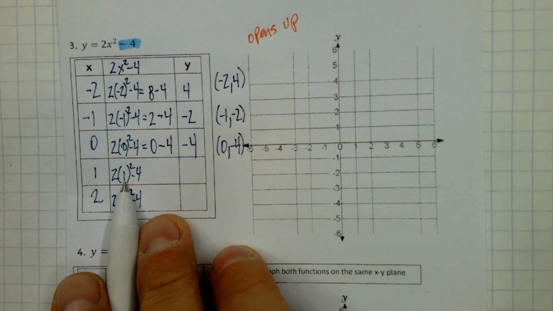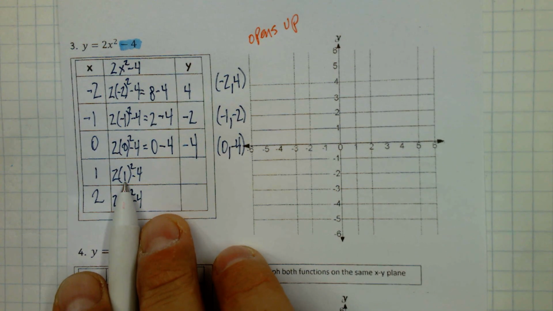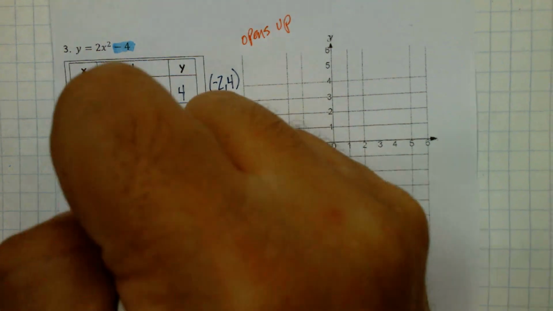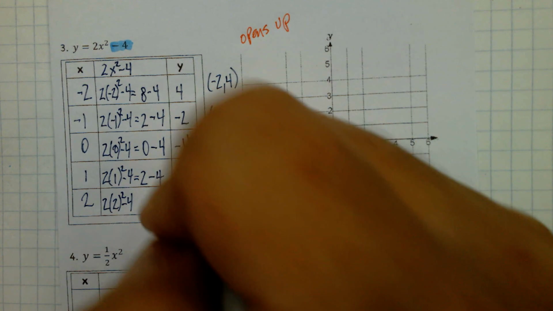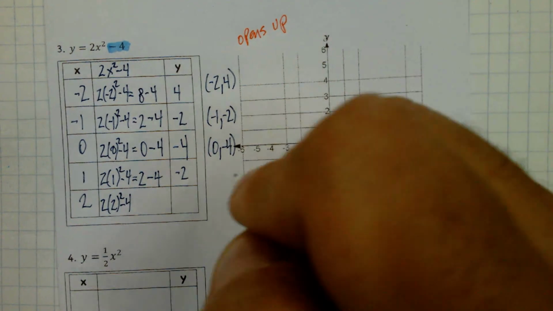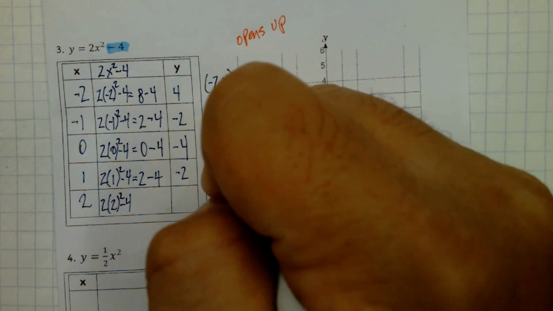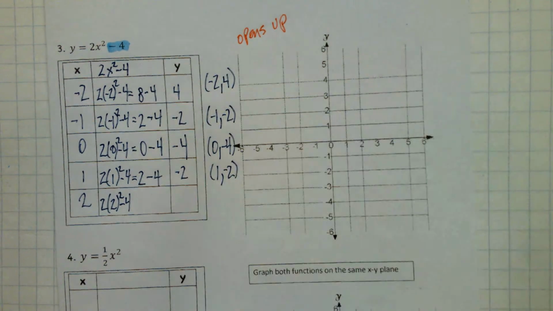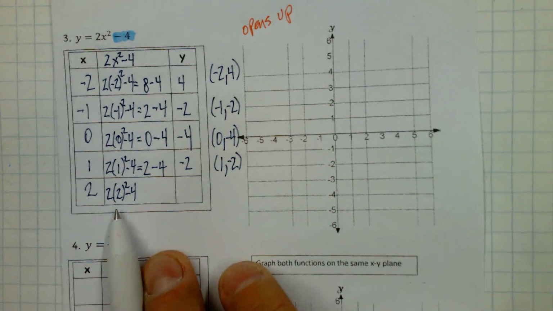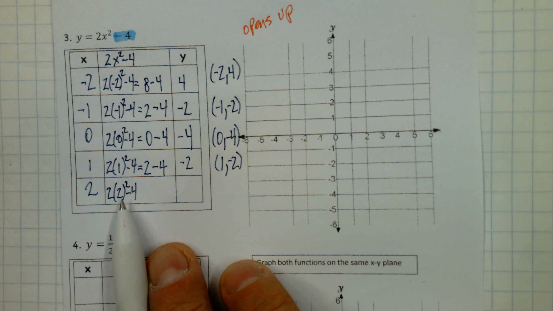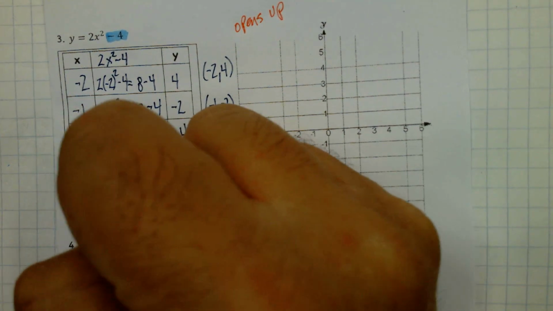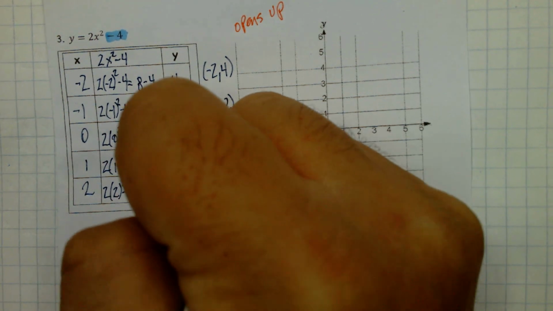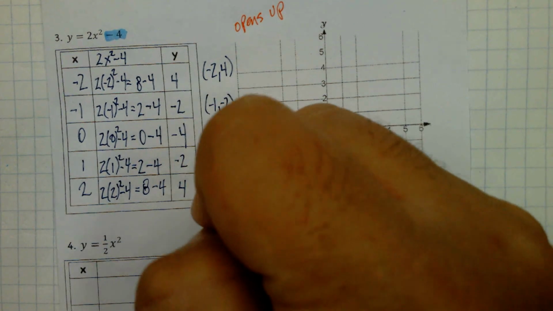We should see things repeating. 1 squared is 1 times 1, so it's 1. 1 times 2 is 2. Take away 4. We have 2 minus 4 again. Your answer is negative 2. And here we have 2 squared. That's 4 times 2 makes it 8. Take away 4. We get 4 again, so it's 2, 4.